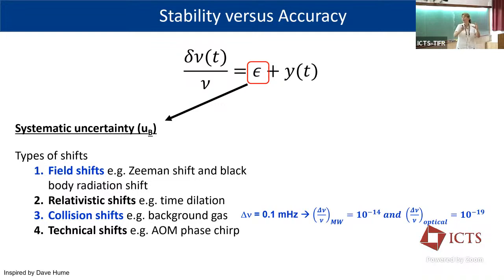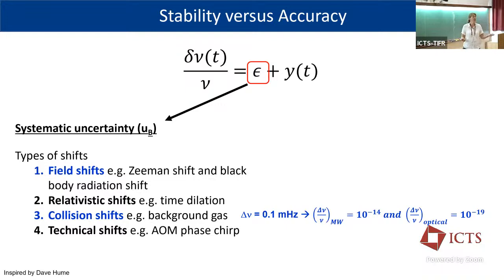And this is now, let's say, a few millihertz, very tiny shifts in terms of Zeeman and black body radiation shifts, or the collisional shifts when the background gas creates molecules and shifts the energy. Always when you have a shift in the atomic energy level, then this is an absolute shift, and it doesn't matter really what transition you're probing.